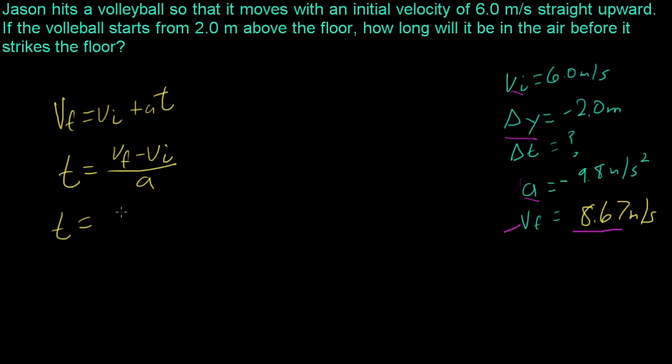And we'll have 8.67 meters per second minus 6.0 meters per second divided by A, which is negative 9.8 meters per second squared.